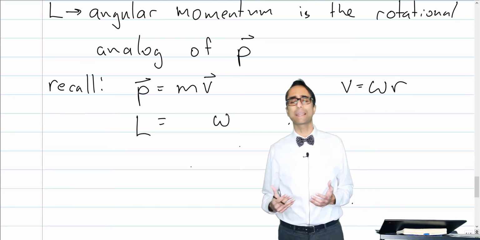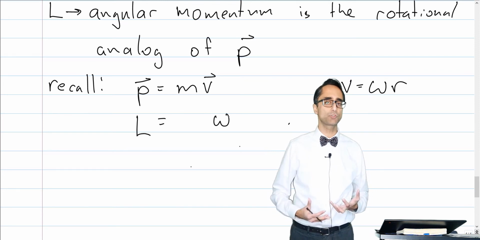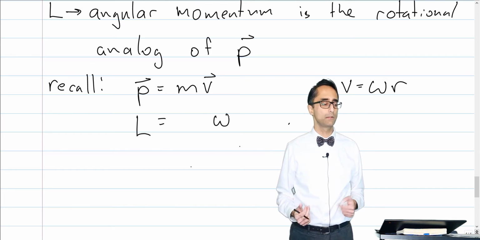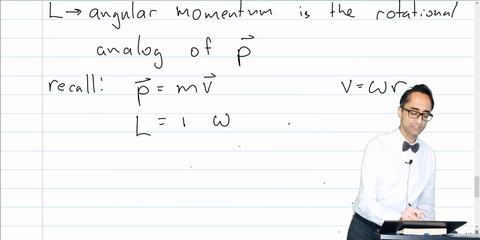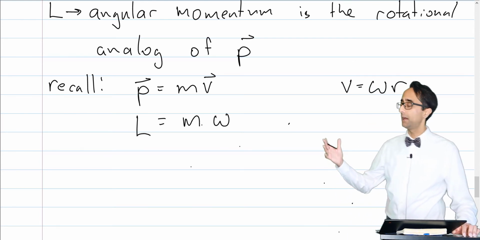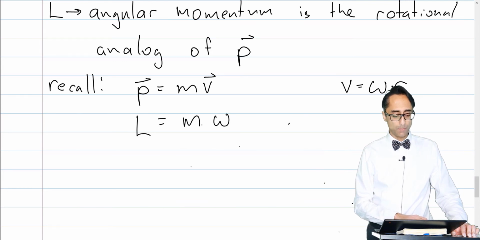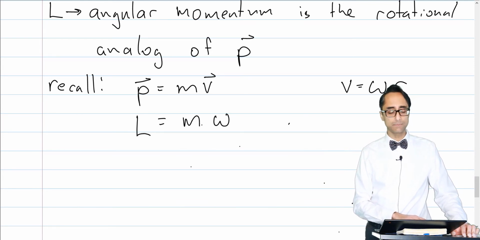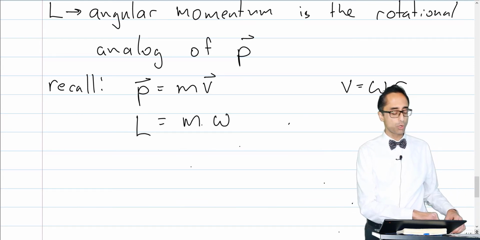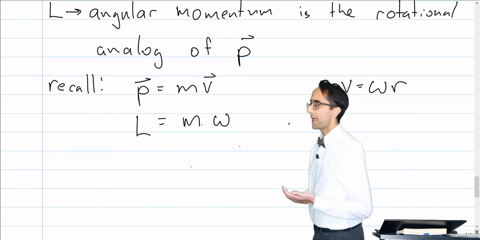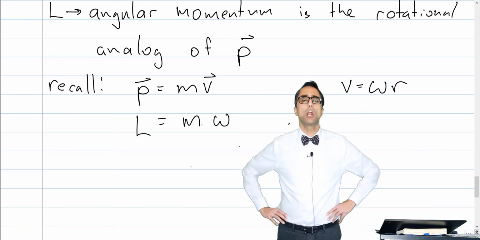Should m stay the same, or is it possible that m has a rotational analog as well? One might consider just doing that and hoping that it works out, but that would be incorrect. Our rotational momentum is not mass times omega. It's a little more complicated than that. Let me explain to you why this is not good enough.